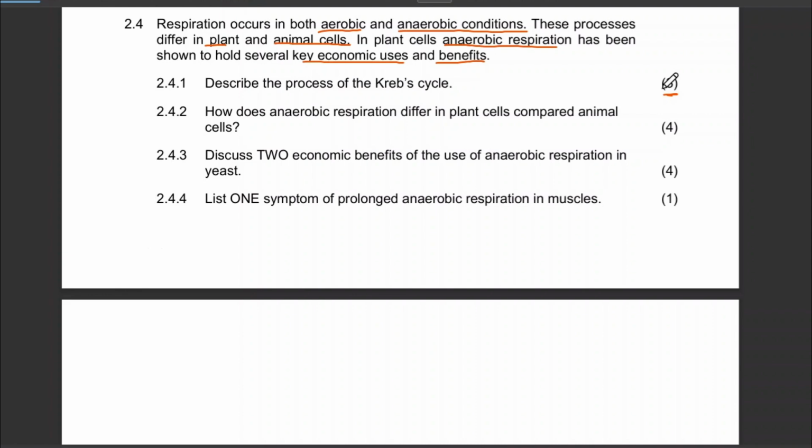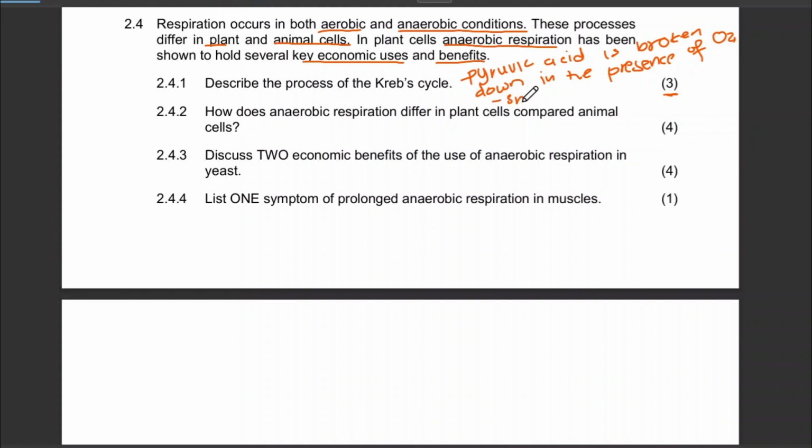Let's write it down. Pyruvic acid is broken down in the presence of oxygen, and what will be released there?